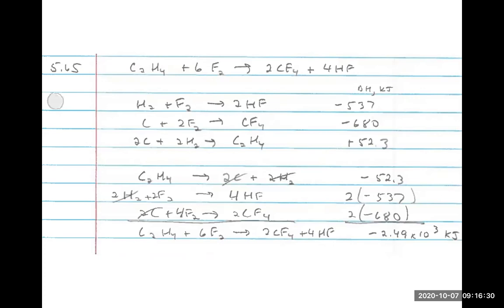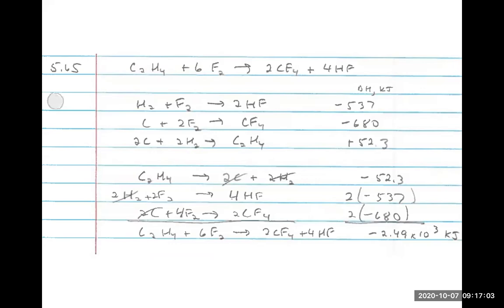To do that, I had to multiply the other 2 reactions by 2. Because I did that, I have to multiply by 2 the delta H values for those. So if I got all that right, then it's a matter of adding minus 52.3 plus 2 times minus 537 plus 2 times minus 680. And then I should get that kilojoule value that's there.